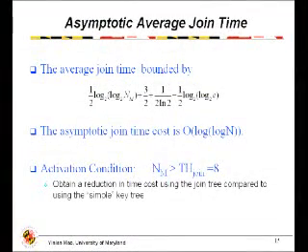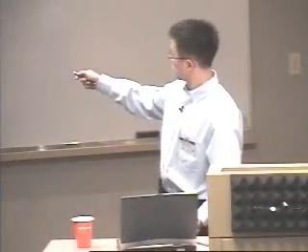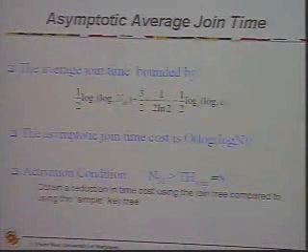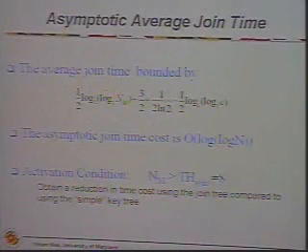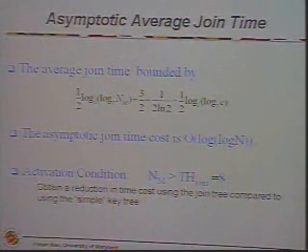The average join time is bounded by this value, where we can see clearly it consists of two parts. This is a constant, and this is the part that grows with the group size. The asymptotic average join time, therefore, is bounded by log of the group size.